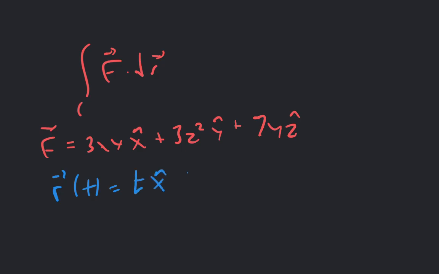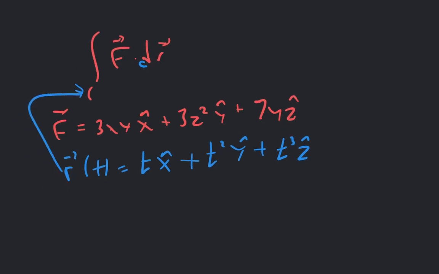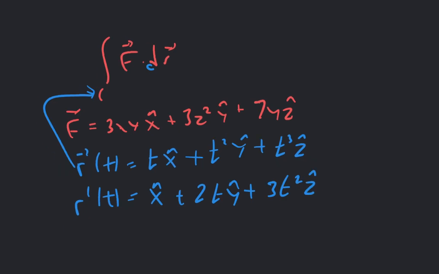Let's say along this curve, this is the curve. So then we take r prime of t, and that's just x unit plus 2t y unit plus 3t squared z unit. And of course t is going from 0 to 1.